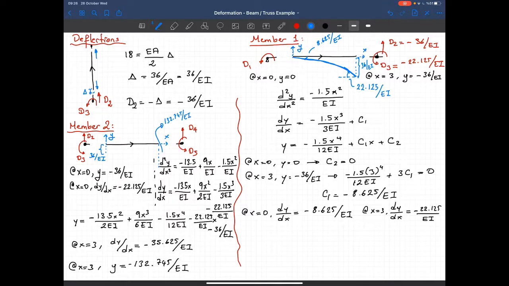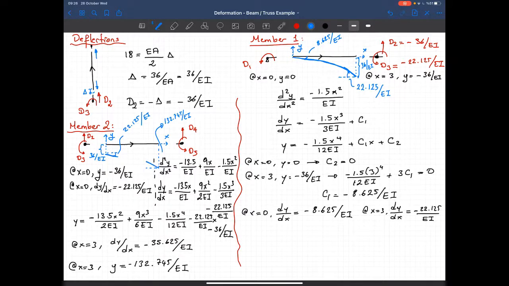What about the slopes? So here, the slope is in the clockwise direction. Magnitude is 22.125 over EI.